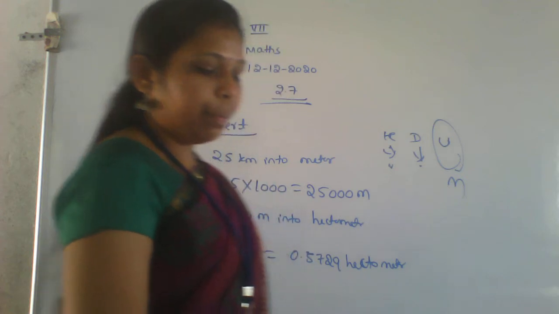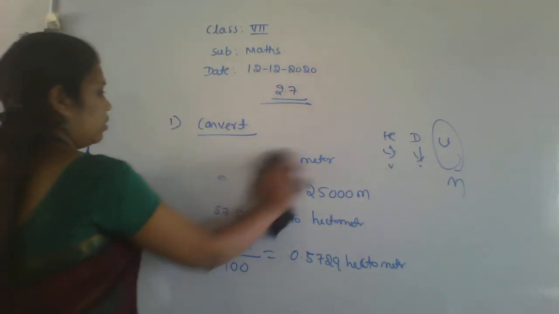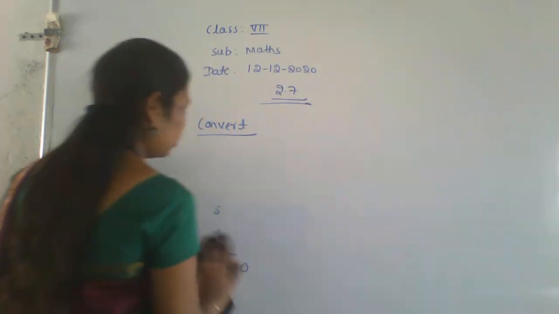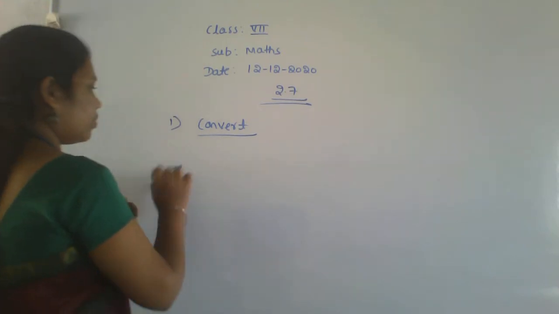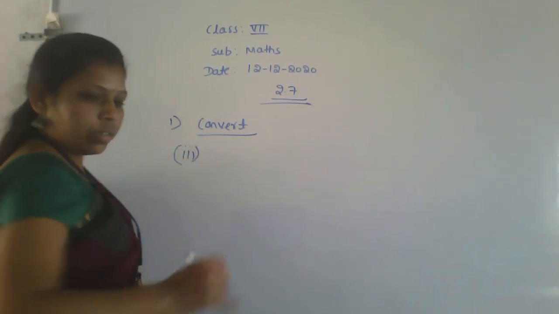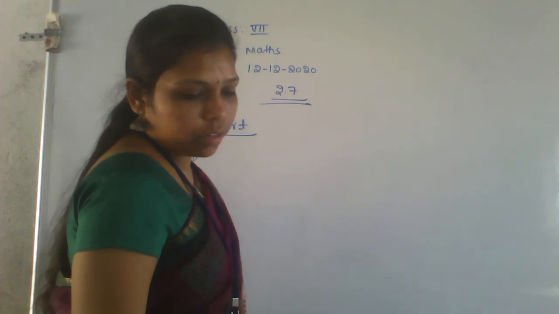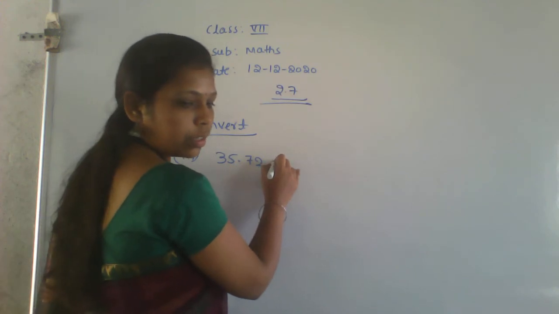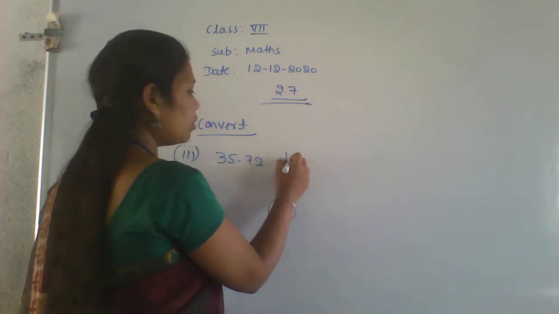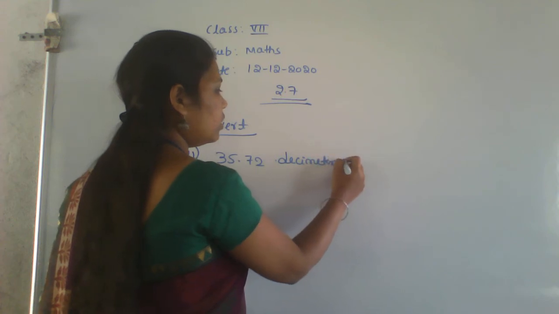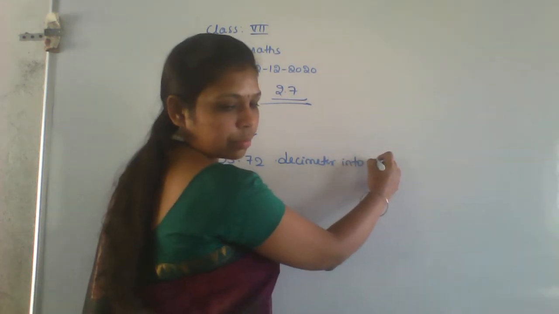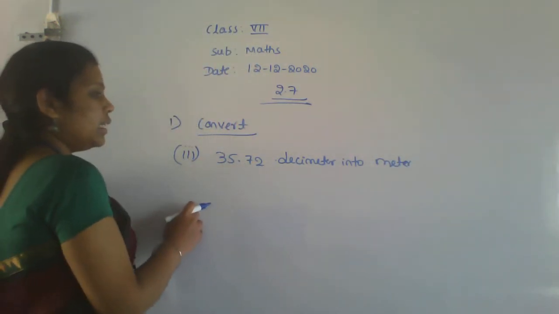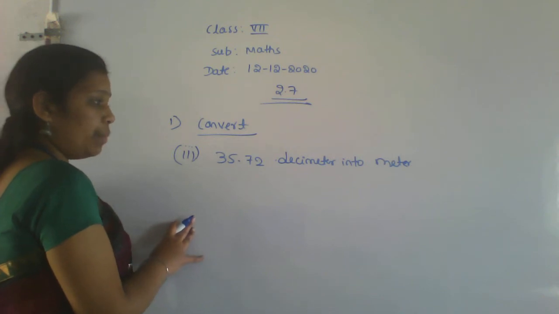35.72 decimeter into meter. Third problem.